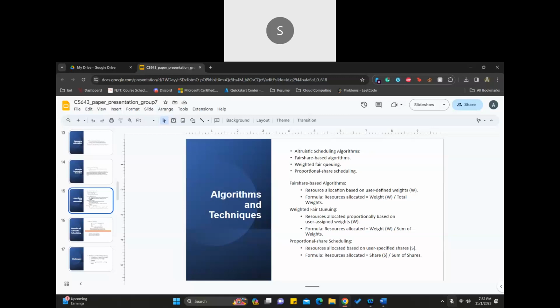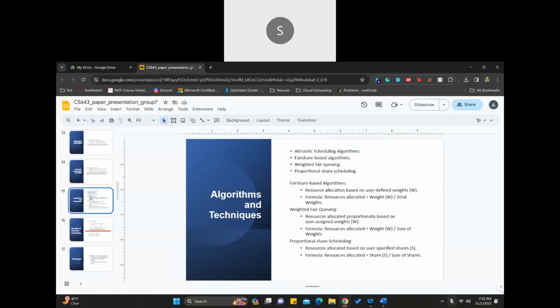Basically, we put out this slide, algorithm and technique. It means the fair share based algorithm allocates resources according to the importance of the weight you assign to a user.